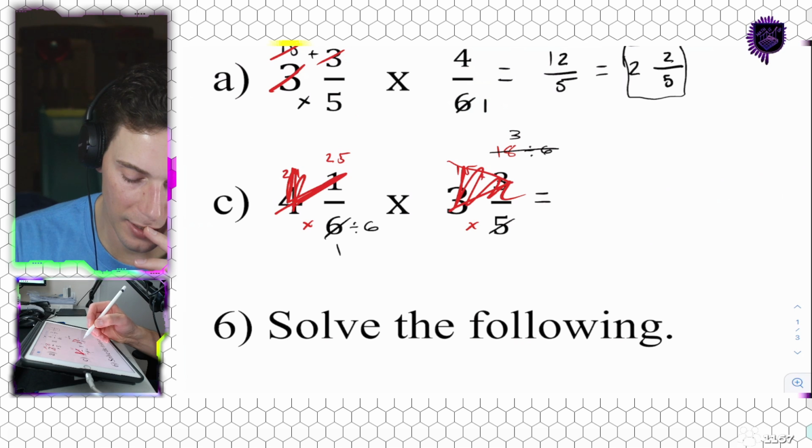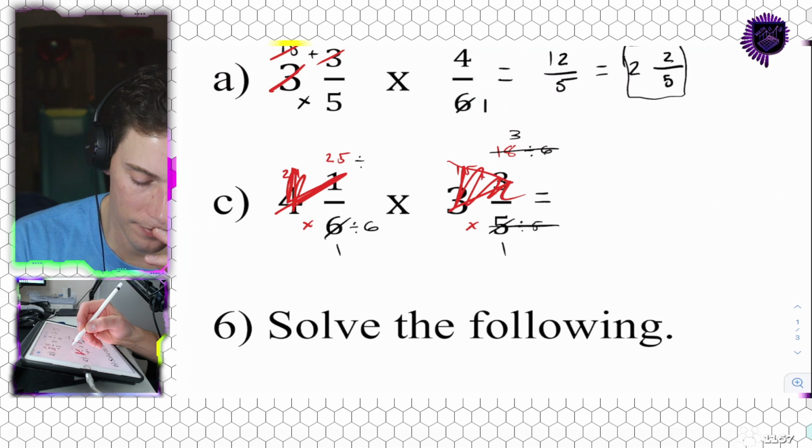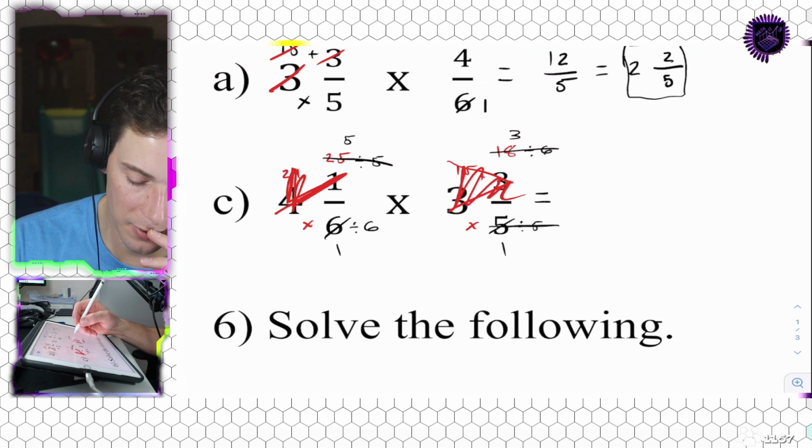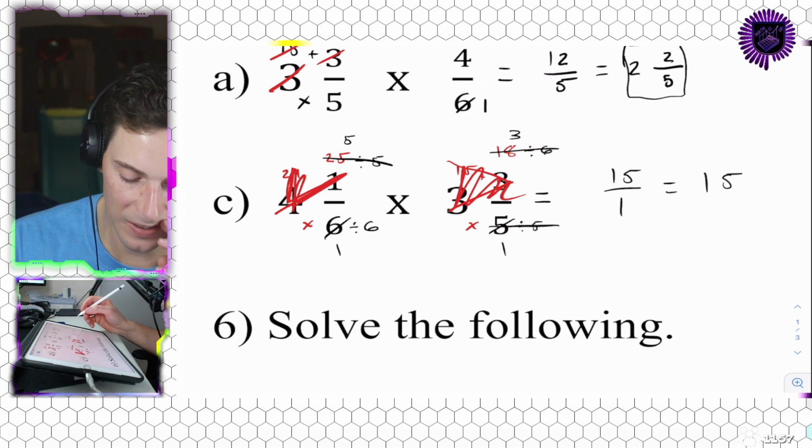GCF of 5, right? Divide this by 5, it's 1. Divide this by 5 equals 5. So we have 5 times 3, which is 15, over 1, which is equal to 15. So our answer is 15. That's it.